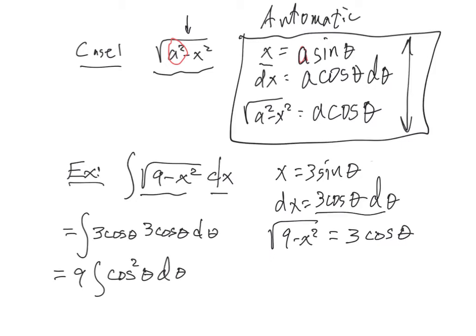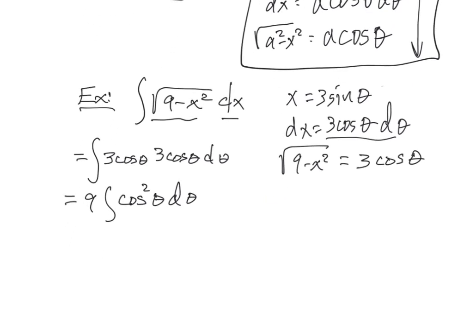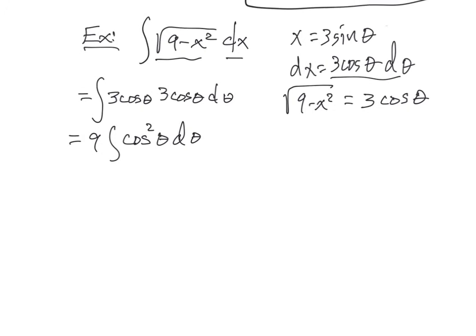So is that any better? Do we know an antiderivative for that? The answer is yes, we do. In fact, it's one that we derived in section 2, and you remember what I said about it? Memorize it, because we're going to see it over and over again.